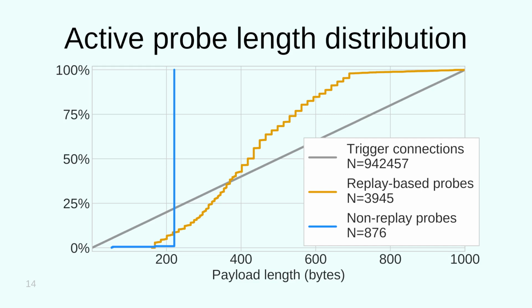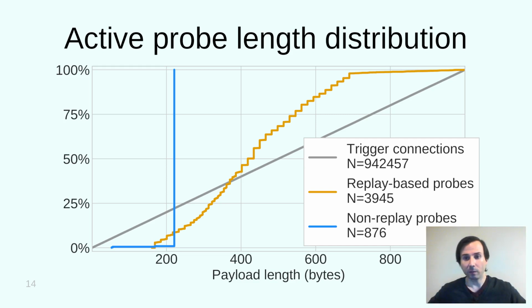And even within that interval, certain lengths are more likely to be replayed than others. So you'll notice the replay line has a sort of chunky stair-step pattern, and there's actually some structure to that. Between lengths about 160 to 384, packets were more likely to be replayed if they had a length whose remainder was 9 when divided by 16.